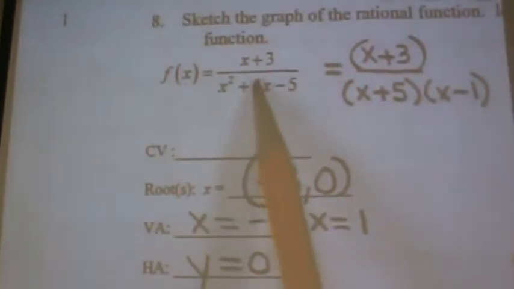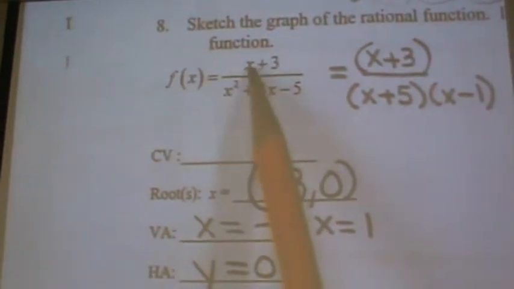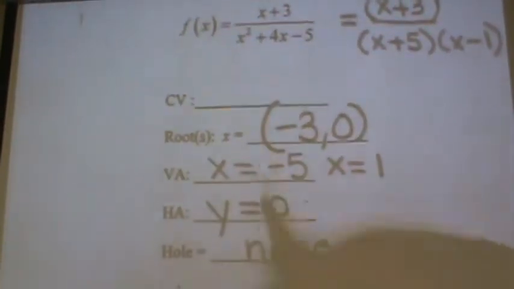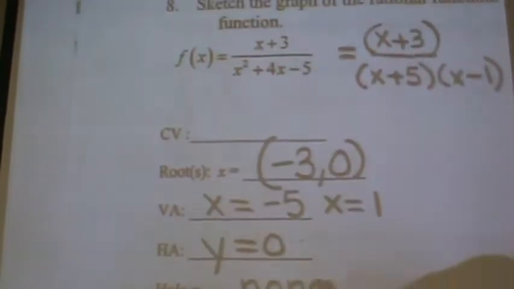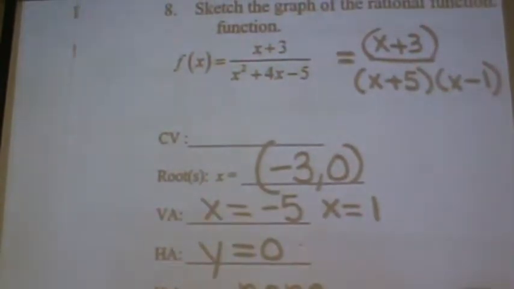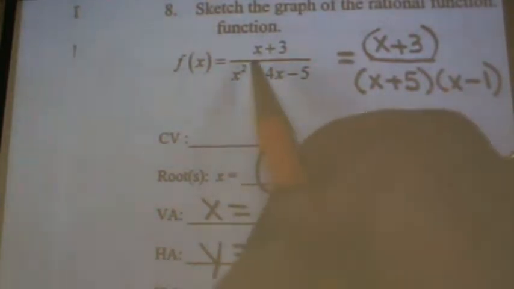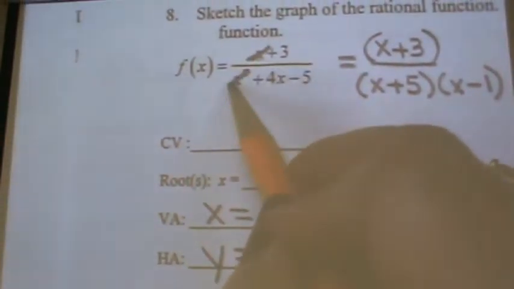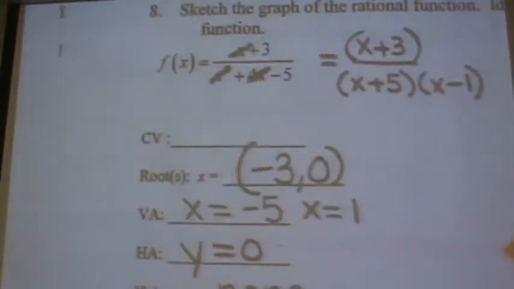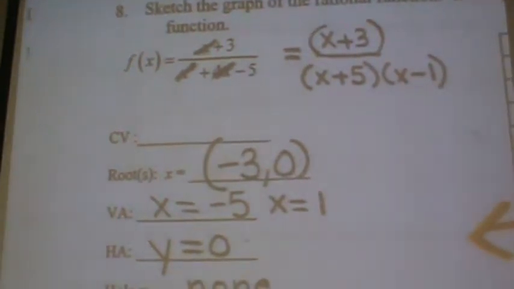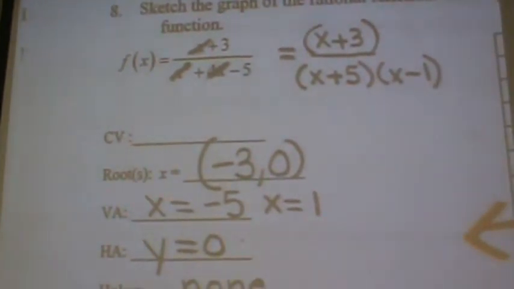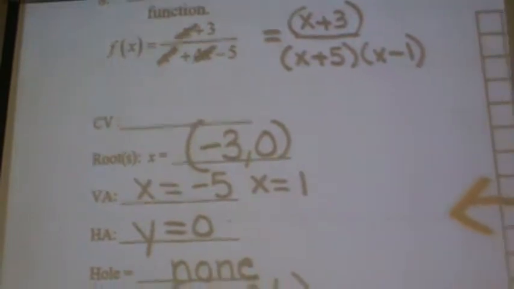Now, I would go back to the original problem. If you put a 0 here, a 0 here, and a 0 here, what do you get? You guys, if you put a 0 here, a 0 here, a 0 here, what do you get? That's 3 over -5. Now that I look at that, yeah, -3/5.